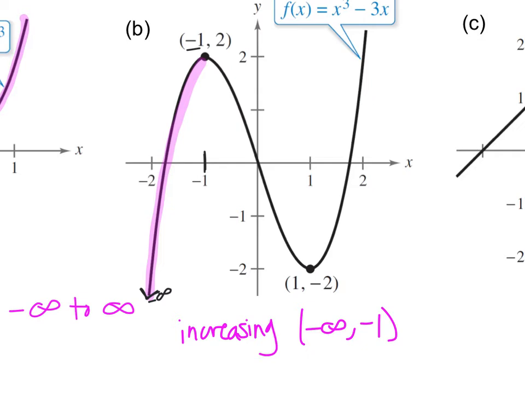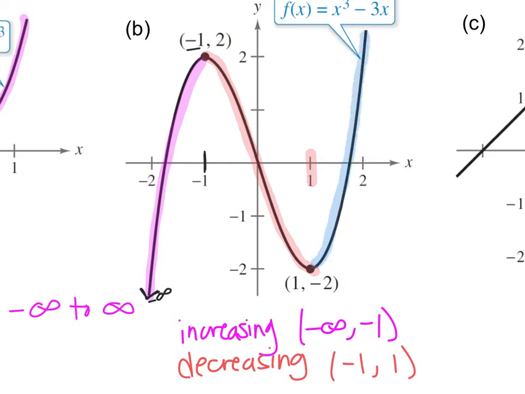And then the next chunk, we're decreasing from that -1 down to the x value of +1. So we're decreasing from -1 to +1. And then we're increasing again. And here we don't have an end.